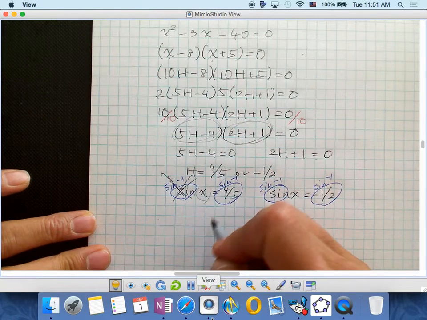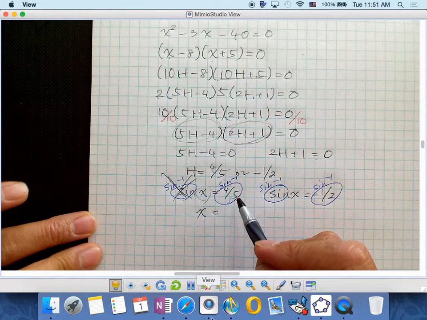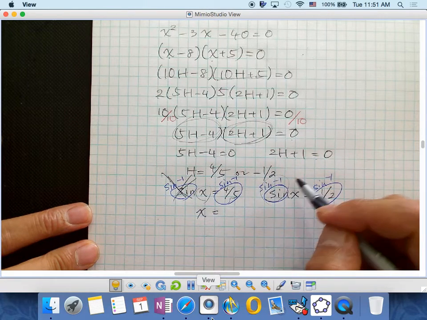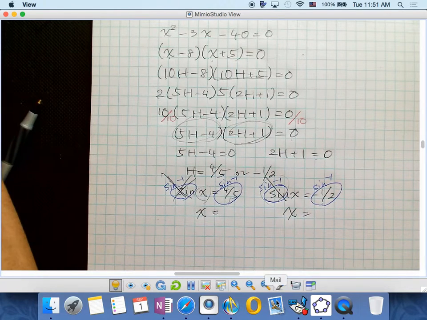So we get x equal to inverse sine of 4/5, and that's our goal.